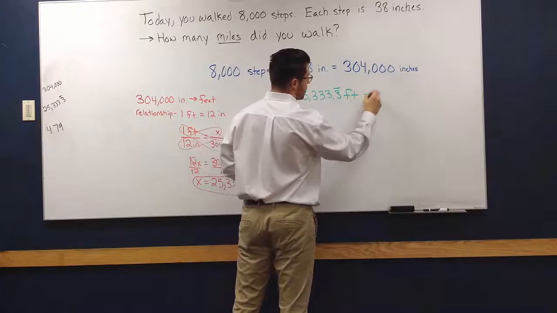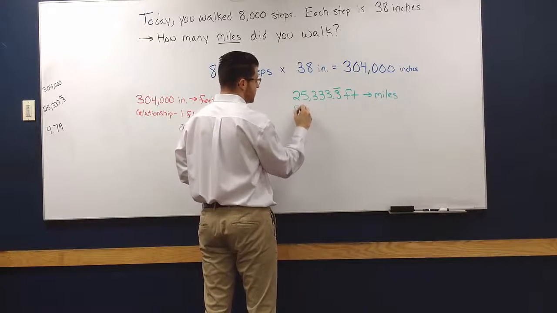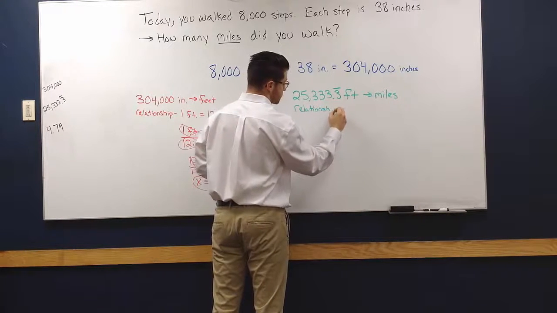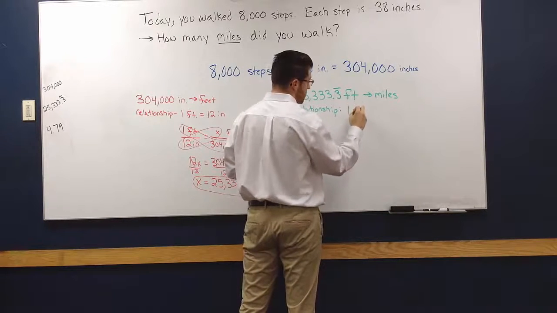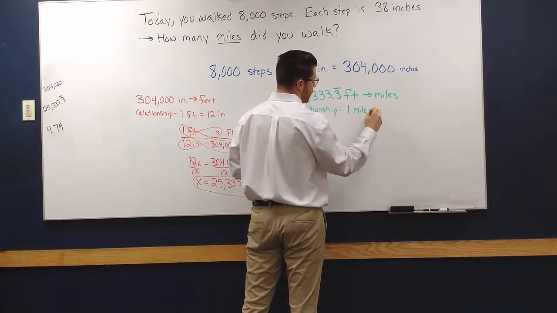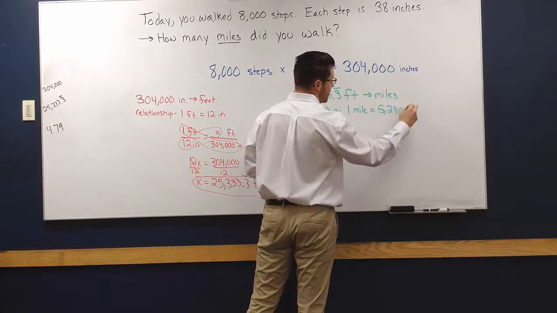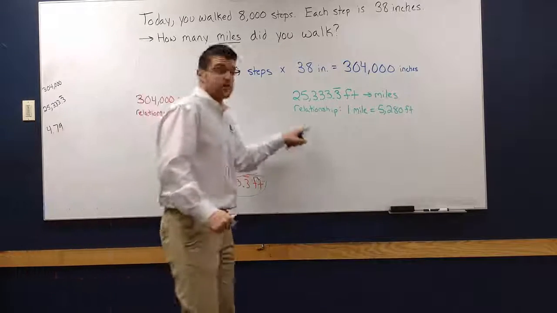Feet, and we want to convert it to miles. So, got to find that relationship. You should find it in the same section. If you need to pause the video to find it, please do so. You should end up figuring out that 1 mile is 5,280 feet.